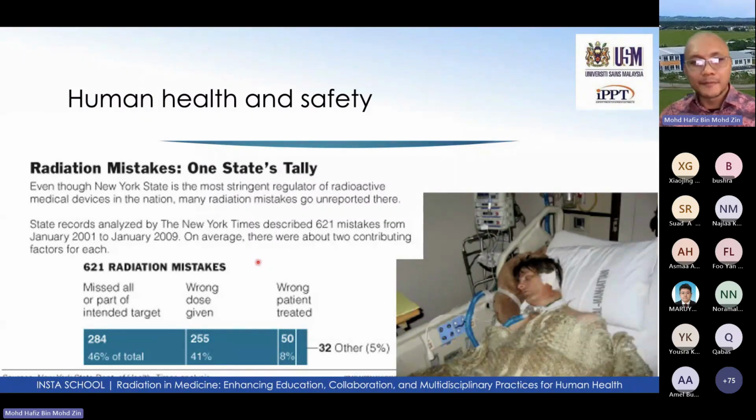In this case, what happened was the linear accelerator that was supposed to deliver a very focused beam to treat the cancer inside the nasopharyngeal area of this patient was actually open. So the beam was not focused during treatment, and the patient received a lot of dose, much higher than it should. And unfortunately, the patient actually died after a week of receiving the treatment.